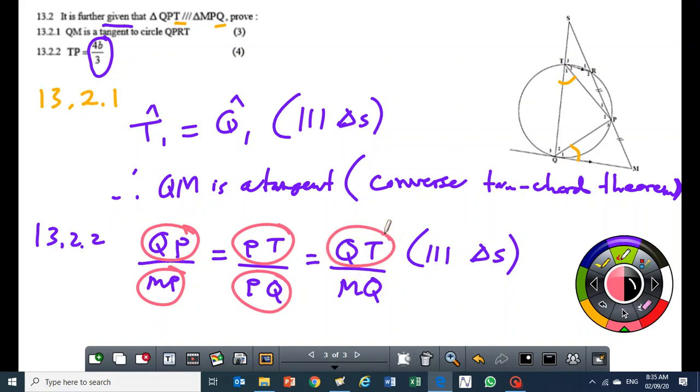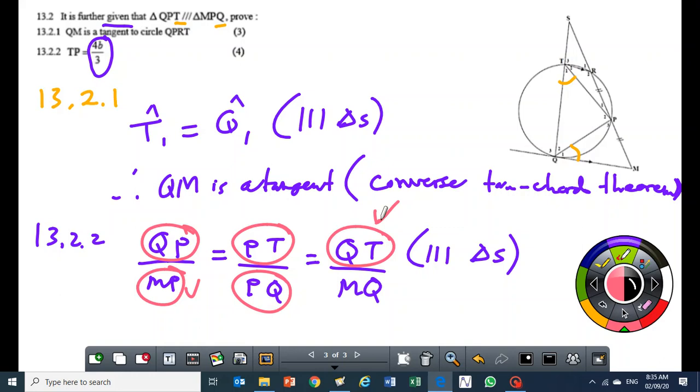These two we don't know, but QP we don't know, MP I know that it's equal to B, so I've got this. This PT is the one that I want. My QT is equal to 2A, so I've got that. Okay? MQ, I don't know what MQ is.